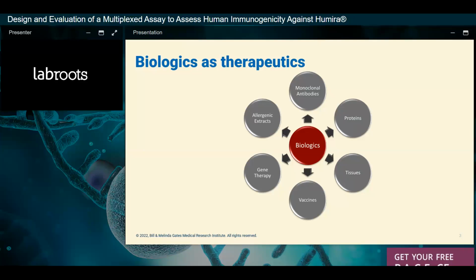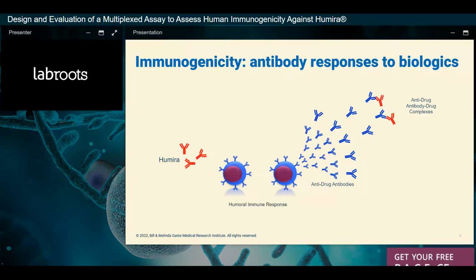The issue is when you use these biologics and put them into human beings, often your immune response will see these biologics as foreign, and it will generate an antibody-mediated response against that drug. On this cartoon, we took the biologic Humira, which is a fully human antibody.